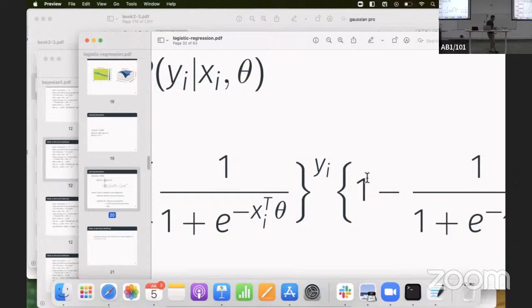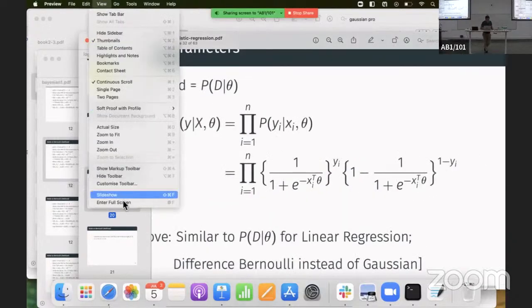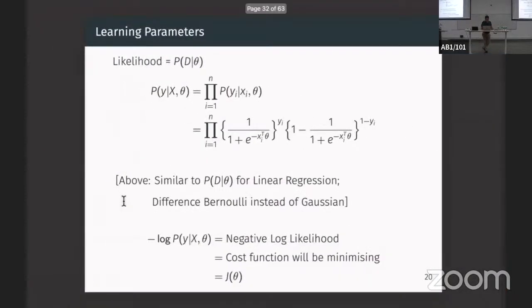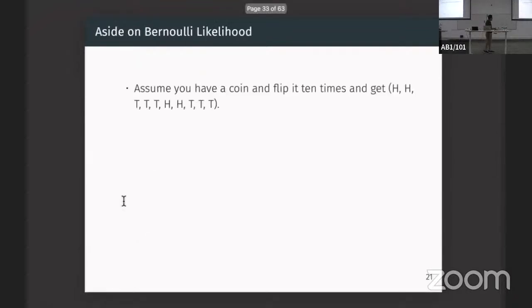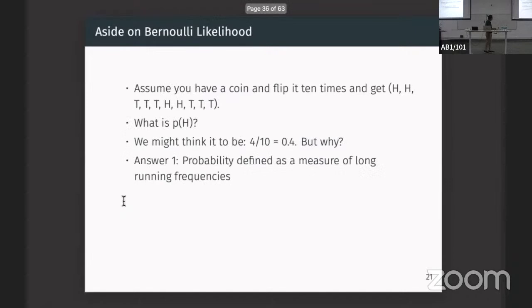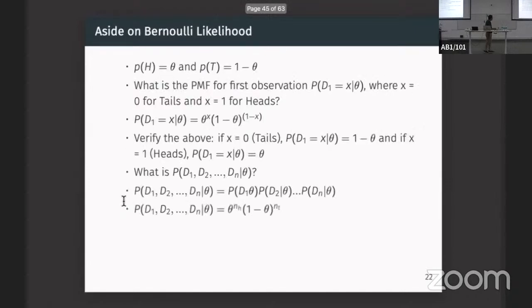But once you've written this particular expression, you're done. This is the likelihood. If you get the log likelihood and then the negative log likelihood, you'll get the cross entropy loss.